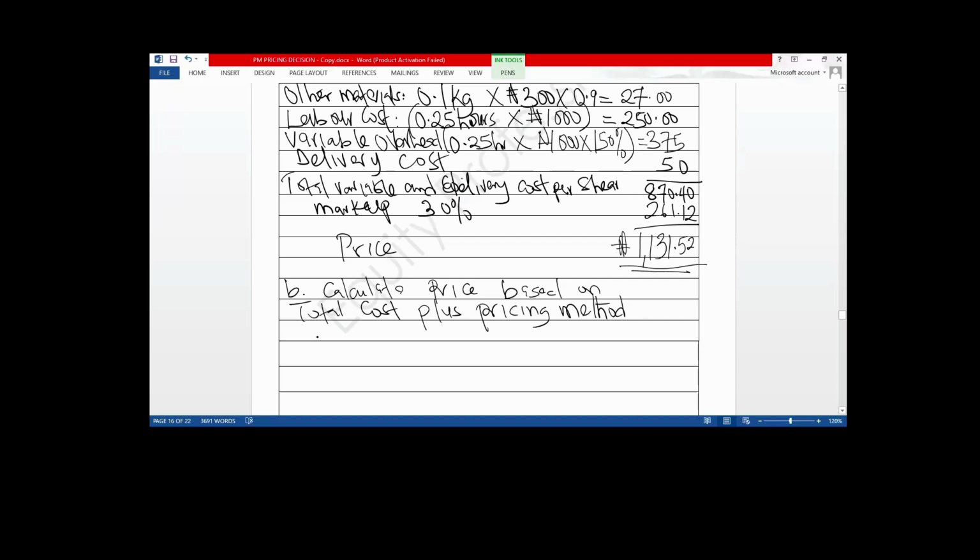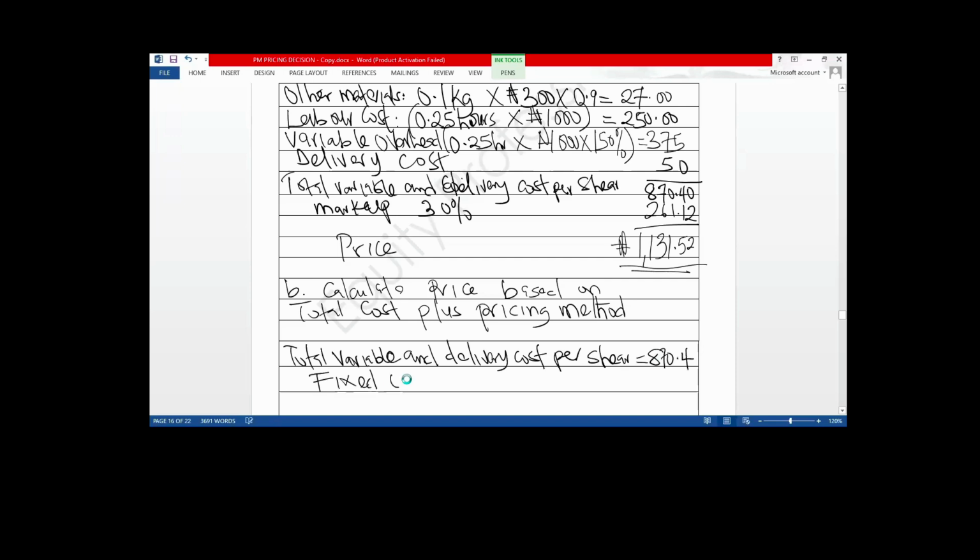The total variable and delivery cost per share is 870.4.